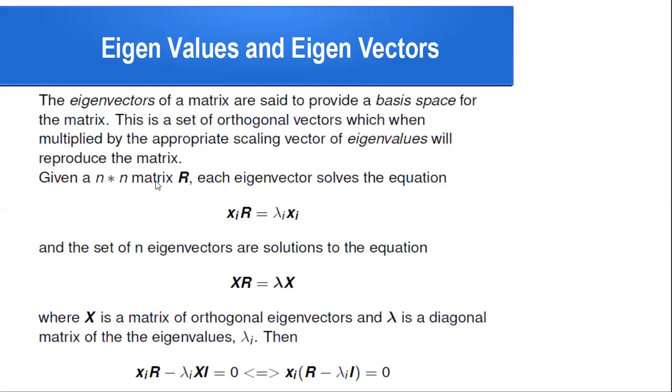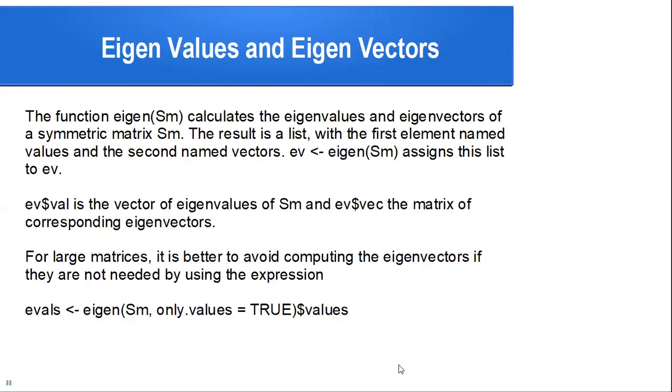Given an n by n matrix R, each eigenvector solves the following equation, and the set of eigenvectors are solutions to the second equation like this, where X is a matrix of orthogonal eigenvectors and lambda is a diagonal matrix of eigenvalues, and then the equation is like this.